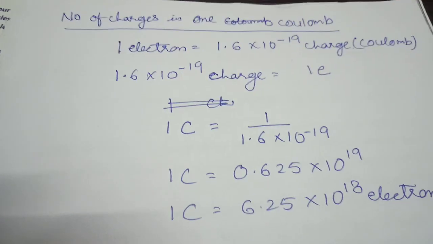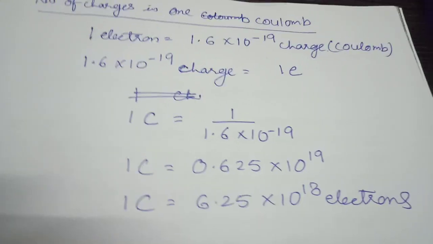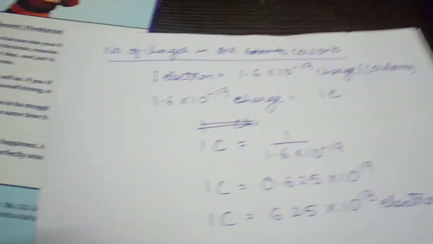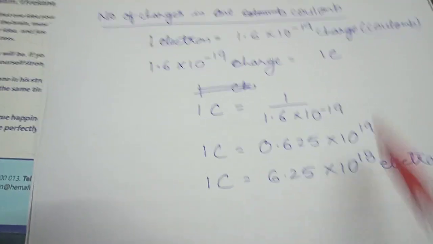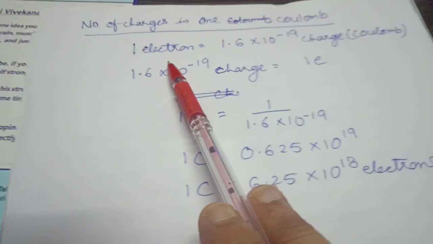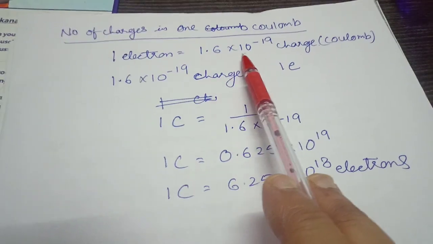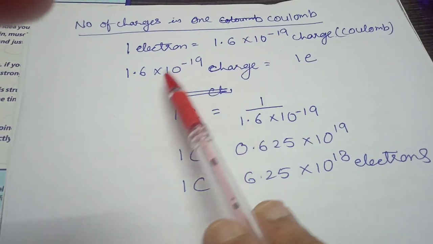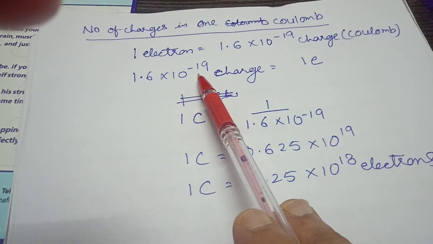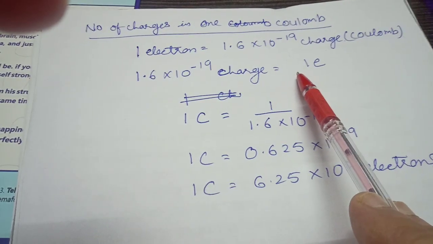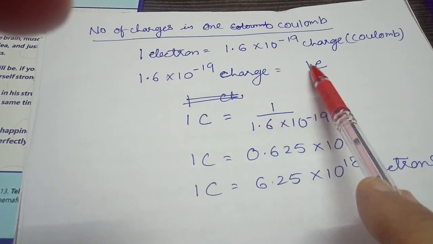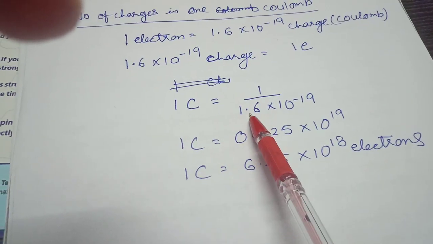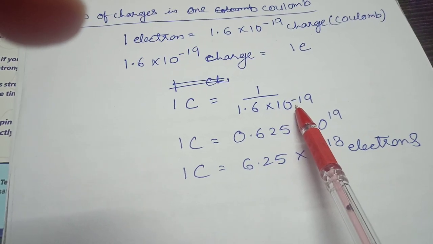Now students, let us understand how many charges are there in 1 coulomb. Here you can see 1 electron has a charge of 1.6 into 10 raised to power minus 19 coulomb. So 1 coulomb is equal to 1 upon 1.6 into 10 raised to power minus 19 electrons.